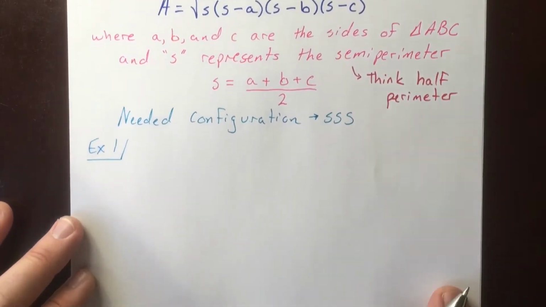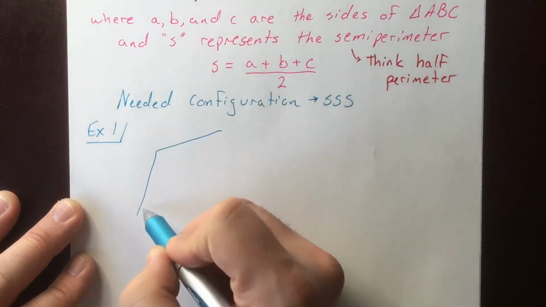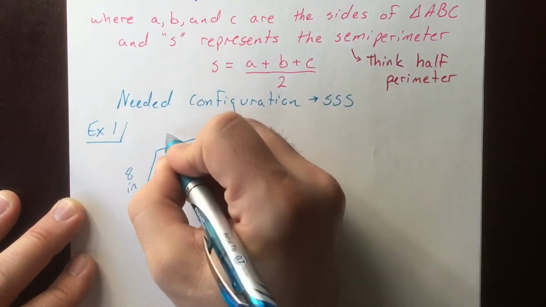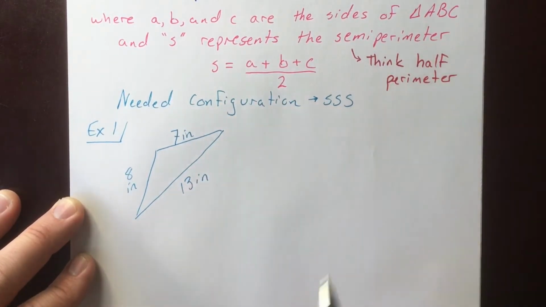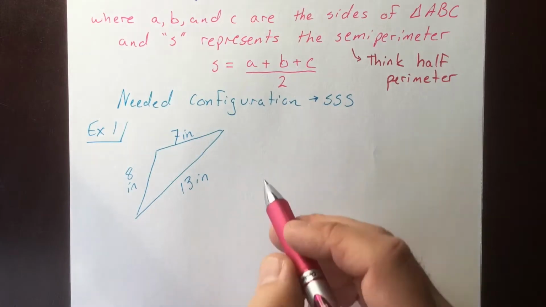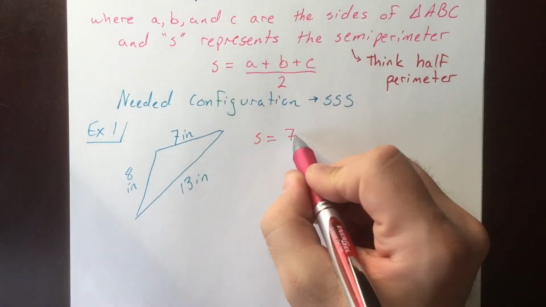Okay, so example 1. Let's imagine we have this triangle. It has side lengths 8 inches, 7 inches, and 13 inches. And you wish to find the area of it. So structuring this for you, seeing this for the first time, let's find the semi-perimeter first, where we combine the side lengths.